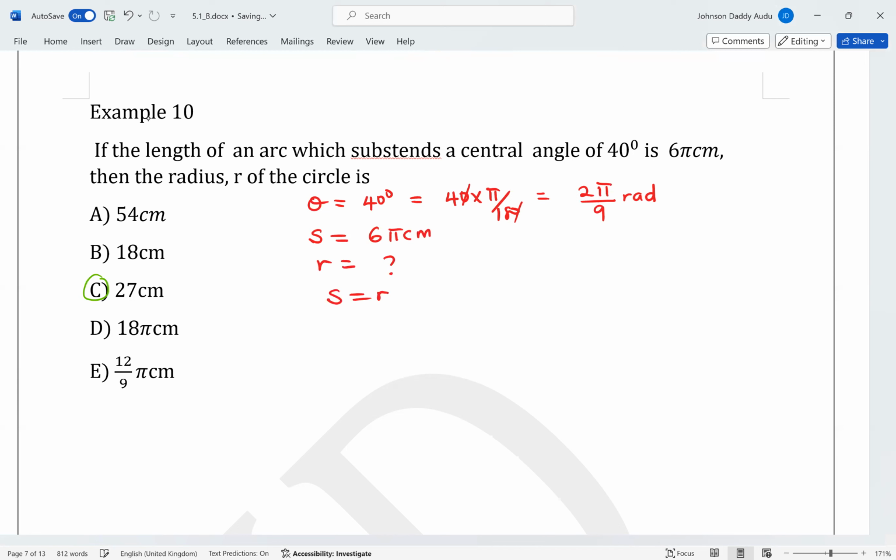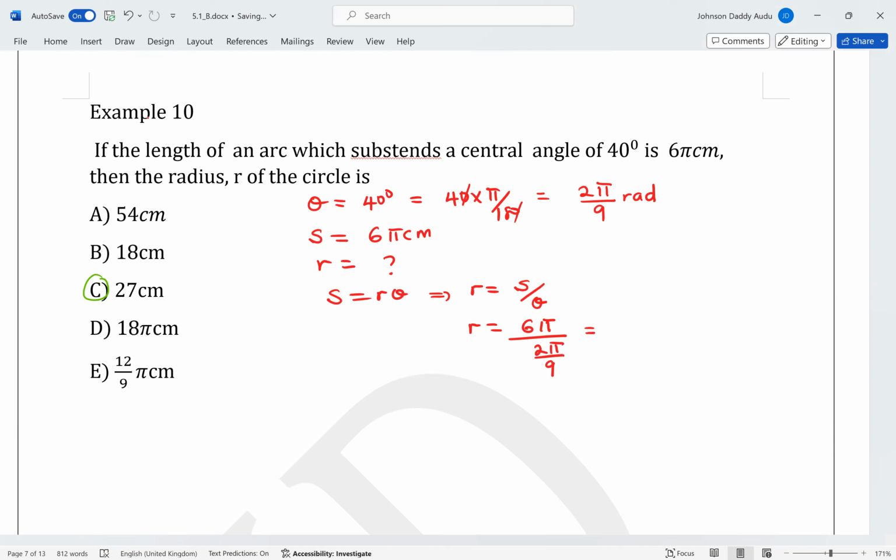So S equals r theta, and this means that r is equal to S over theta. What is S? S here is 6 pi, divided by theta, which is 2 pi over 9.